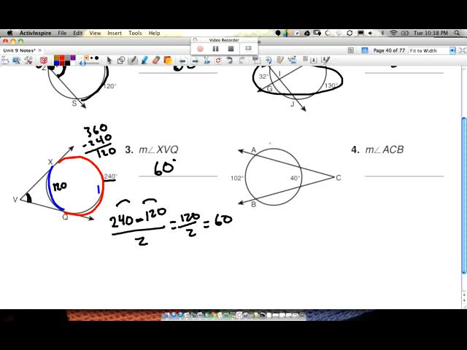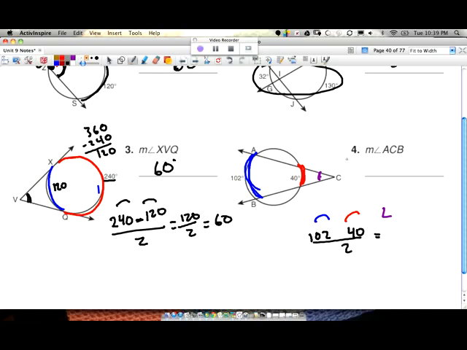All right, now this next one, very similar. We're going to have a big blue arc, and then a little red arc here. And because we have that, we're going to put them together in such a way that we come up with this angle outside here. So we start off by taking the big blue arc, 102, then the little arc, 40.